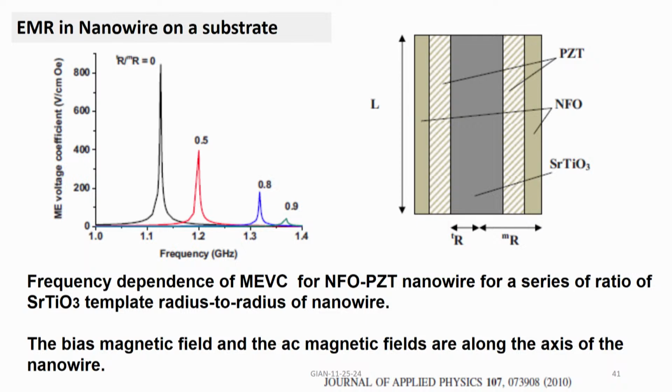The conditions are the ratio of the radius of the nanowire to the radius of the central substrate. So depending on that, as the substrate becomes bigger and bigger in radius, the overall clamping effect increases, and there is a decrease in the voltage response at resonance.